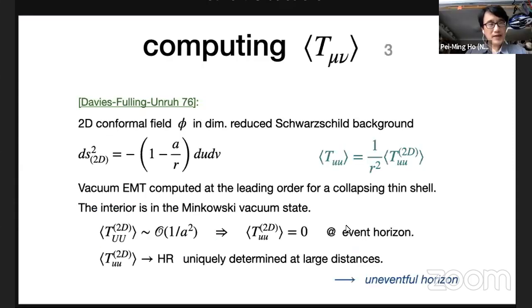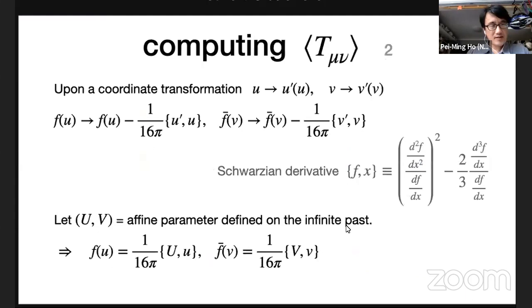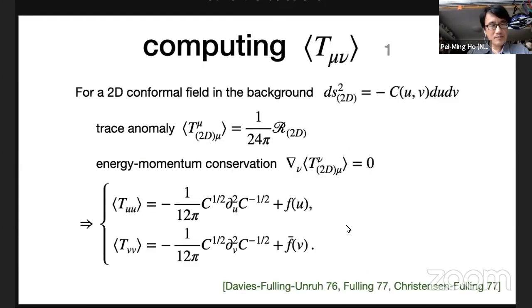Right, so there are two ways to understand the choice. One way is to look at the boundary.